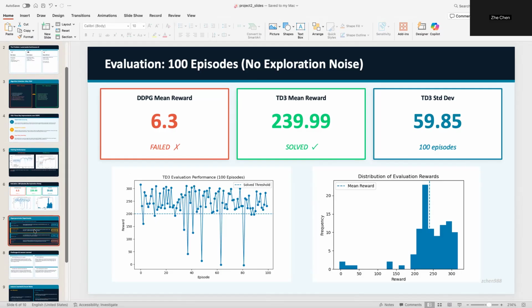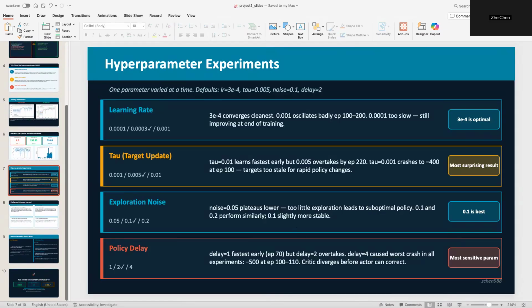Next, I also ran some experiments on four hyperparameters. The first one is learning rate. The default, 3e-4, produced the most stable learning. The second is tau, which controls how fast target networks update. This one was more sensitive than I expected.